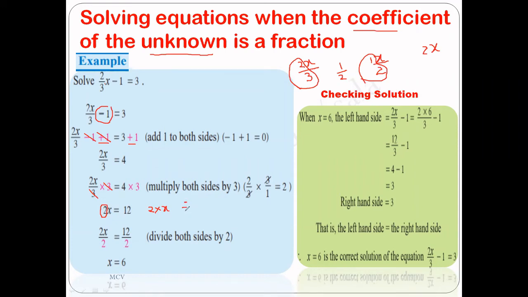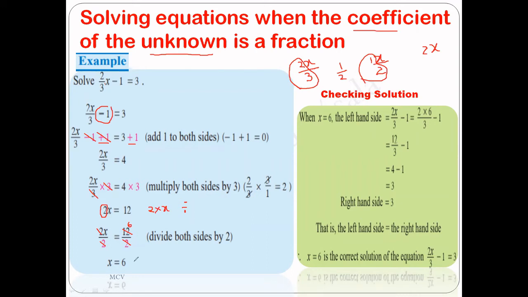So you can divide both sides by 2. Divide this side by 2 and divide the right hand side also by 2. If you divide this side by 2, you can cancel out. 2 times 6 is 12. So x equals 6. That is the solution.